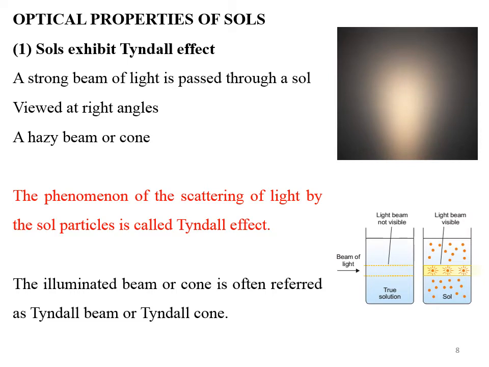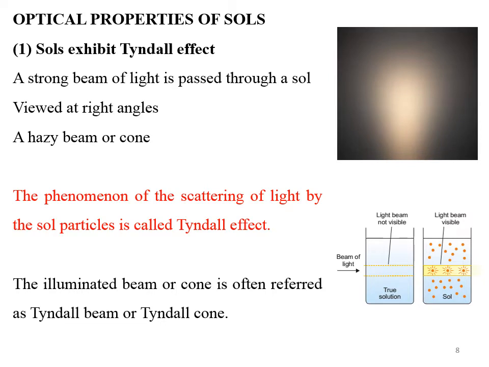This is also shown in this figure where light is being illuminated. The colloidal particles or the sol particles may be at the bottom, and from this bottom the light is being scattered, and the scattered light extends into the atmosphere and forms a cone-like structure as shown in this figure.